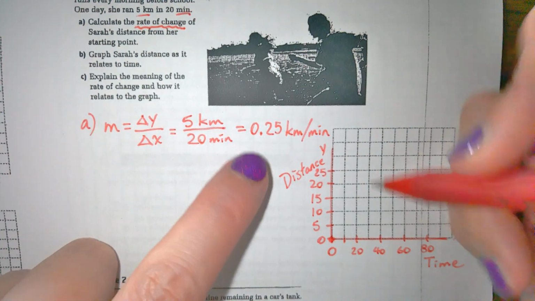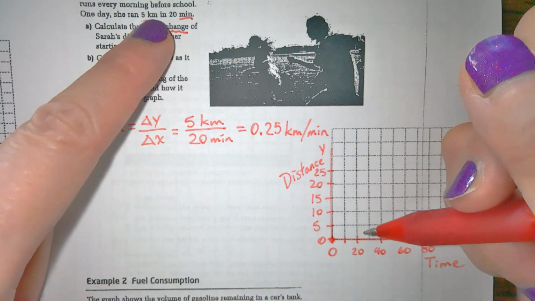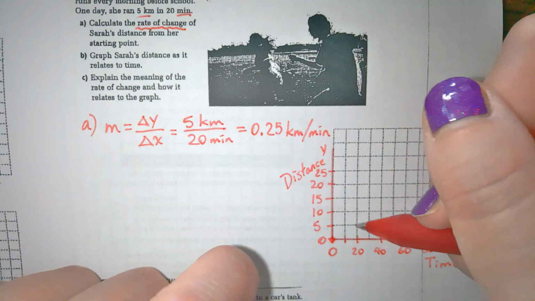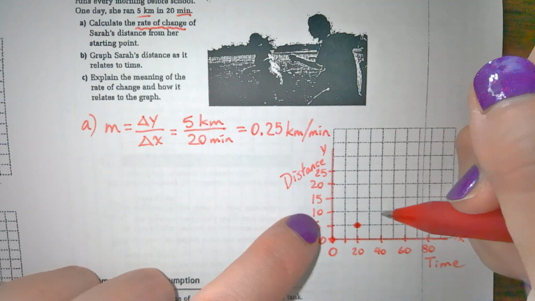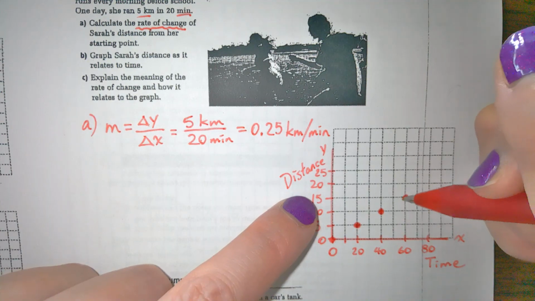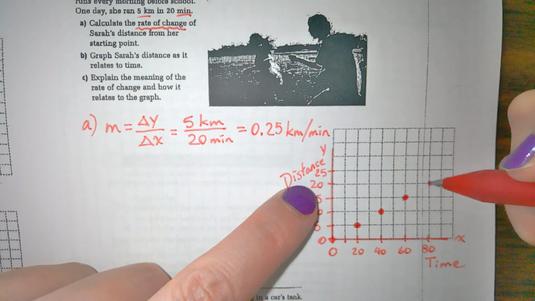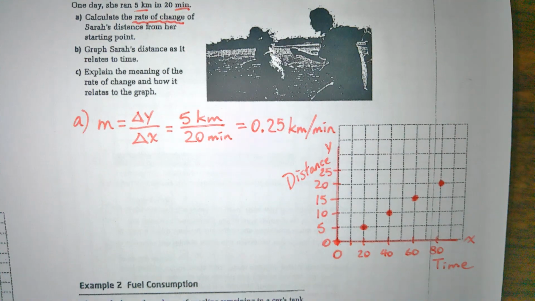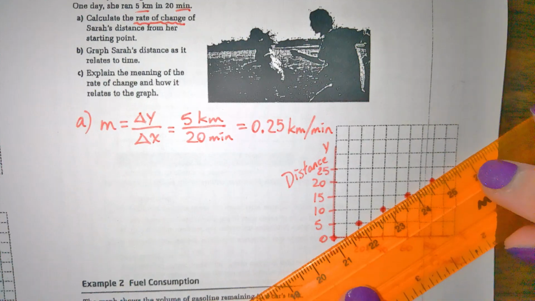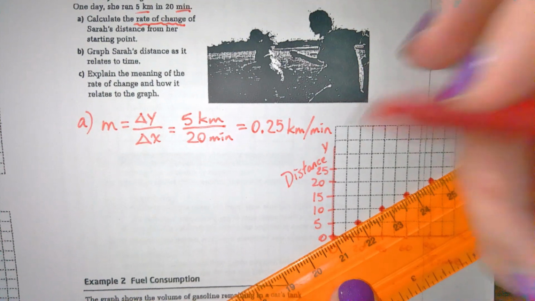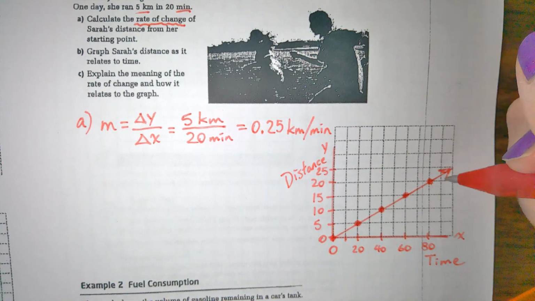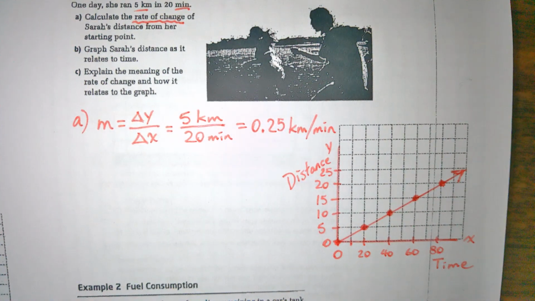So when I plot it, I know that her rate of change is 5 kilometer for every 20 minutes. So after 40 minutes, it's at 10. After 60 minutes, it's at 15. After 80 minutes, she has run 20 kilometers. Right? And then connect the dots. Okay, and there's her graph.